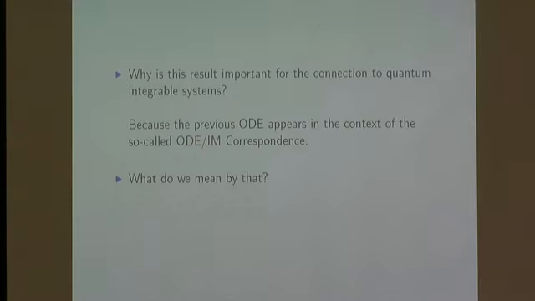So why is this important now? Why is it important that we manage to do this reduction and recover the Schrödinger equation? Because this Schrödinger equation appears in the so-called ODE-IM correspondence. What is that?